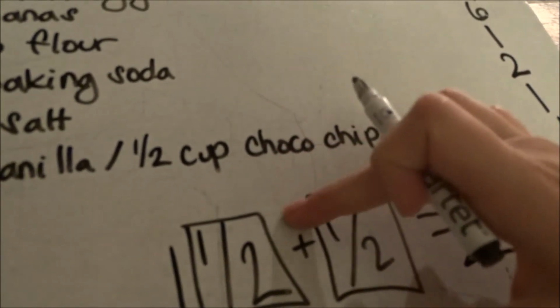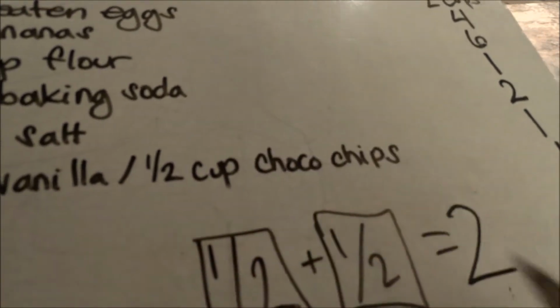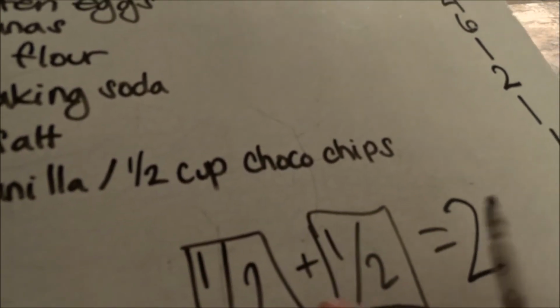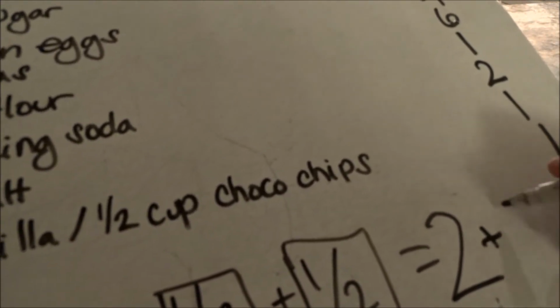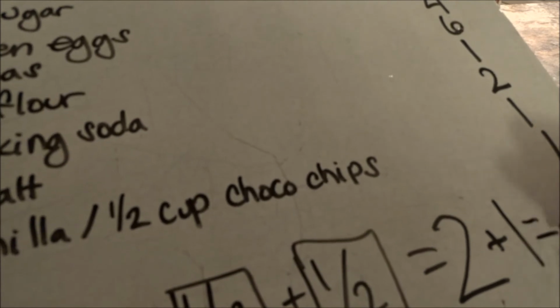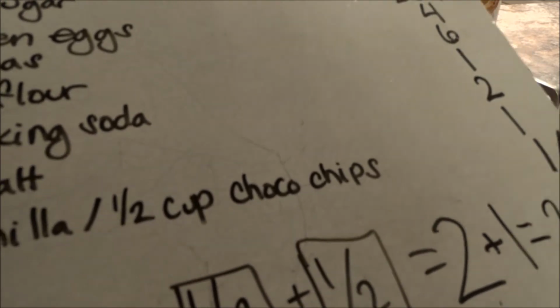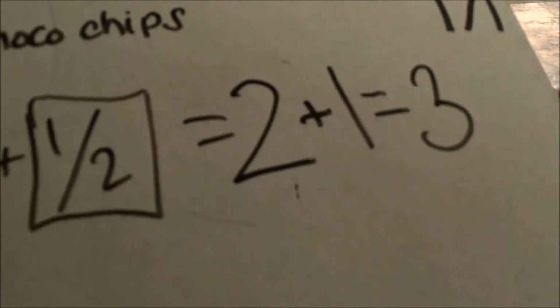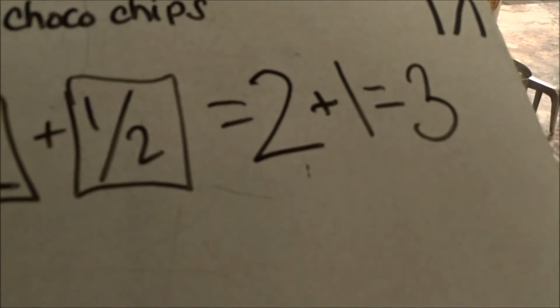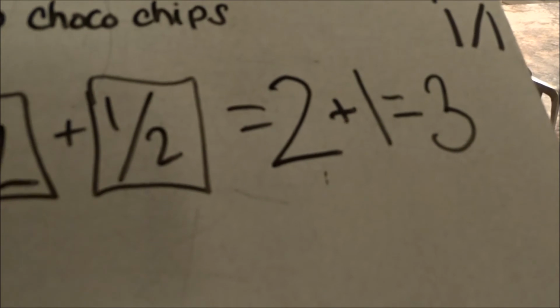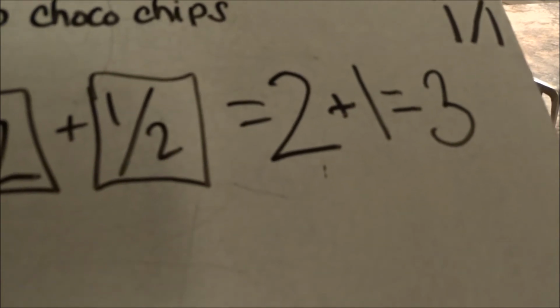So we'll take those away. Then we're back to our initial half and half. What do we know that equals? 1. So we have a grand total of needing 3 cups of flour, which makes a whole lot more sense.